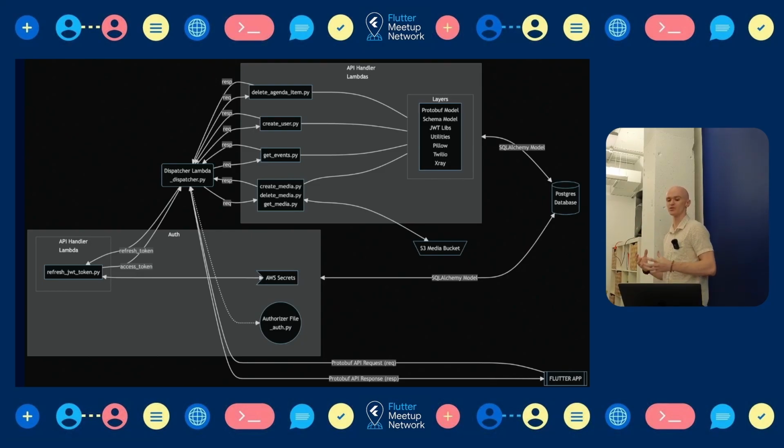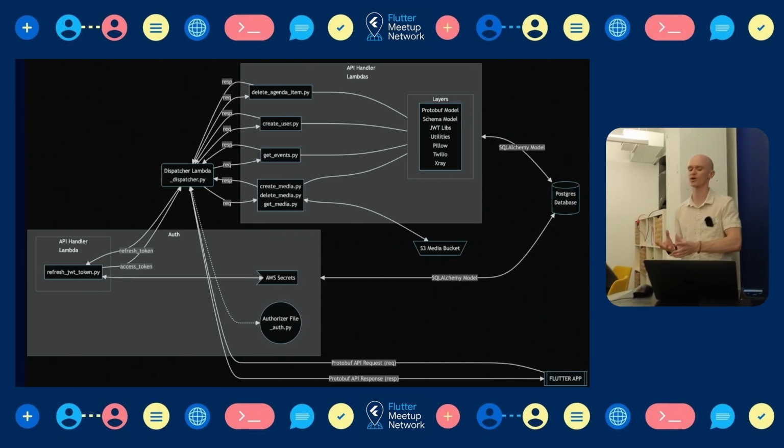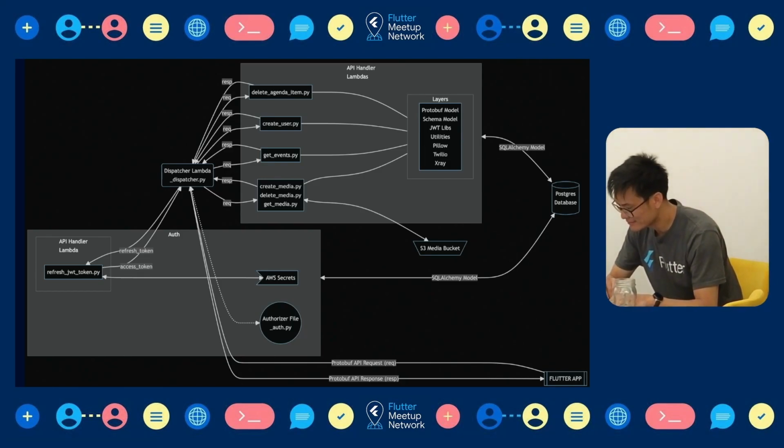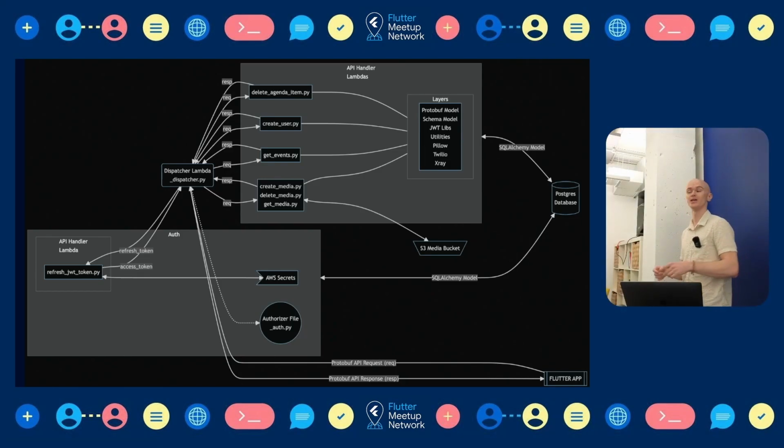What we do is we define a Protobuf message type for essentially each API request and response. So anytime anything goes up to the cloud from our Flutter app, it gets handled by one Python function that figures out what data is contained in this, what kind of request it is, and then it gets sent to individual Python snippet files that are the handlers for that API function.